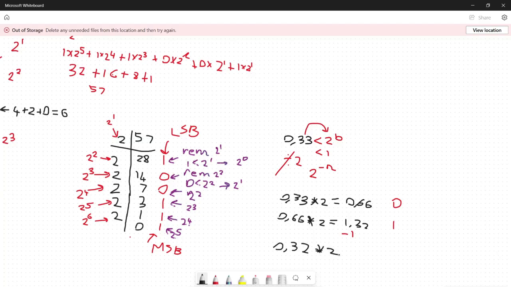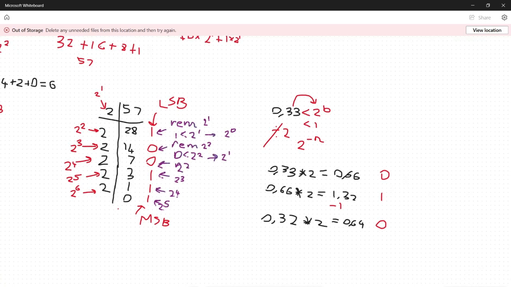Times 2 is 0.64. That's going to give us a remainder of 0. And now 0.64 times 2 is going to give us 1.32.